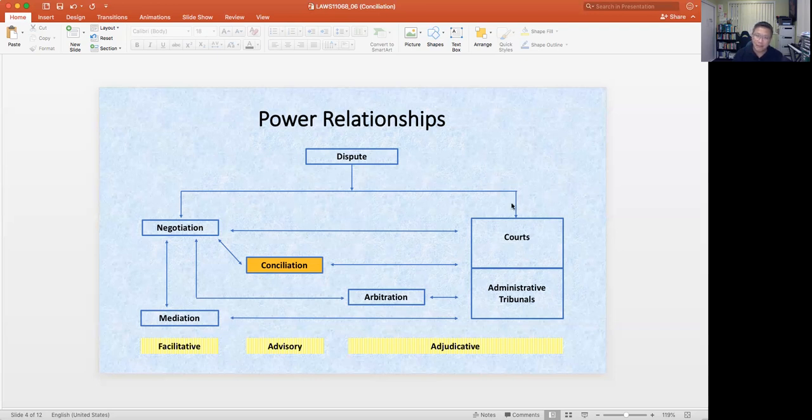There is more power on the part of the parties as the dispute is resolved towards the left. But if the dispute moves towards the right, towards the courts, the parties lose more of their power to be able to determine what the outcome will be.